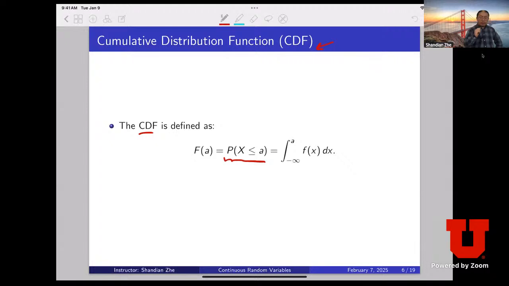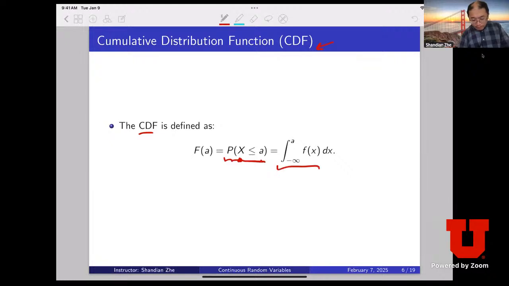This type of event is actually the same as we have seen for the definition for discrete random variables. So the CDF is defined as the probability of the event that X is less than or equal to some given A. So the definition of the CDF is the same as in the discrete case, if you can remember.